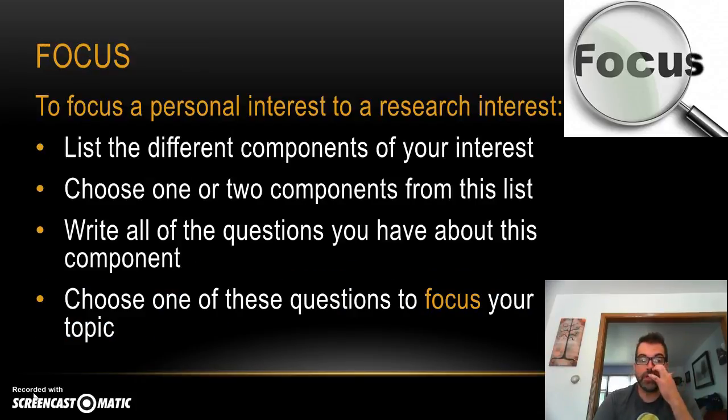Second, I want to focus my personal interest to a research interest. And how I do that is first list the different components of your interest. So we have it specified down to adolescents who age out of the foster care system, right? There are several different components of those. I need to list those out.